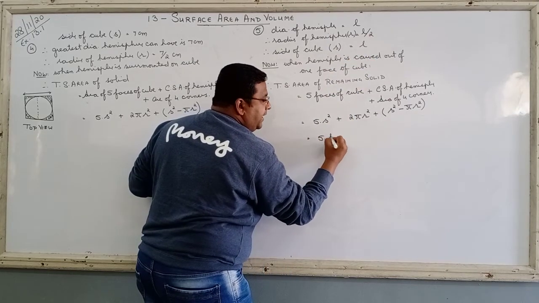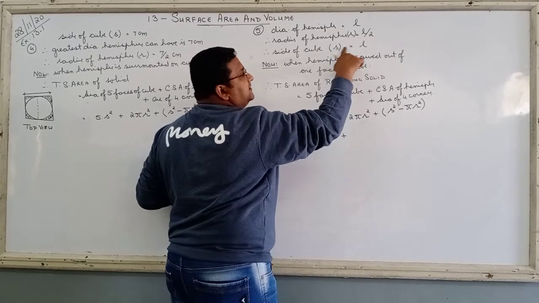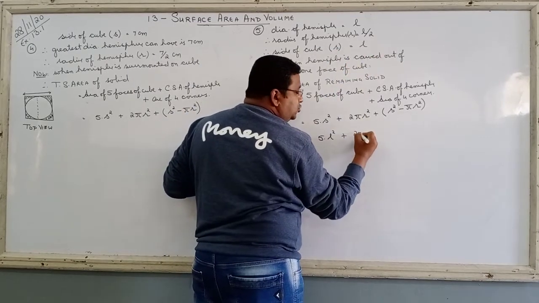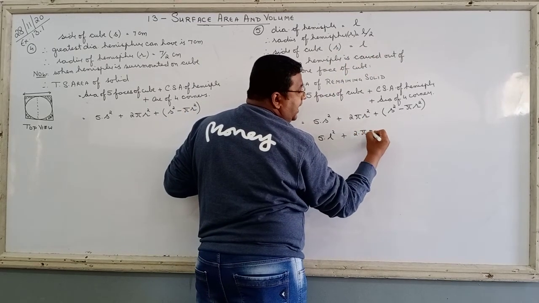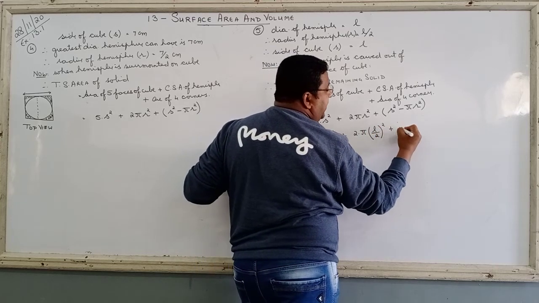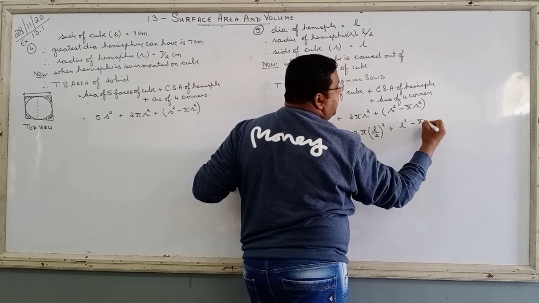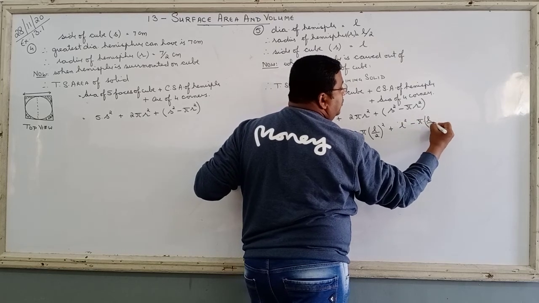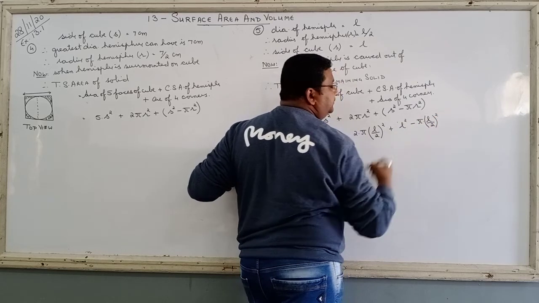5 into L square, S is equal to L, the side of the cube, plus 2 into pi into r square, that is L by 2 whole square, plus S square, L square, minus pi into L by 2 whole square.